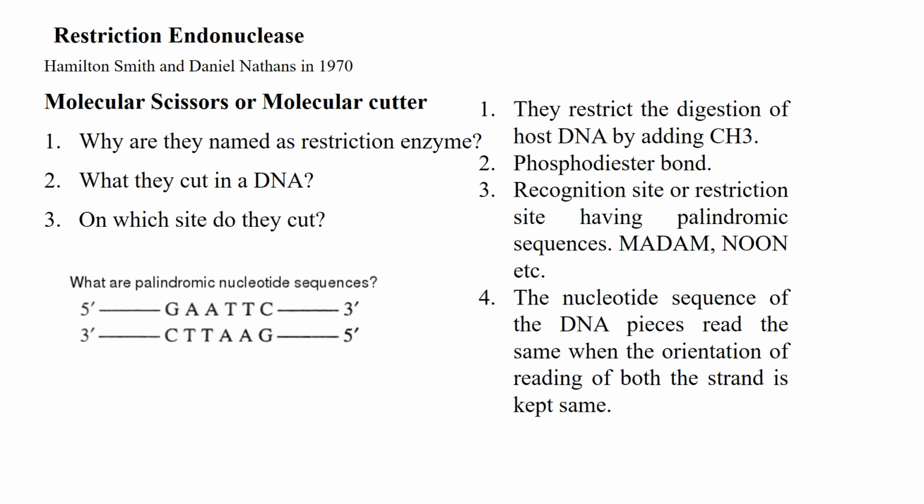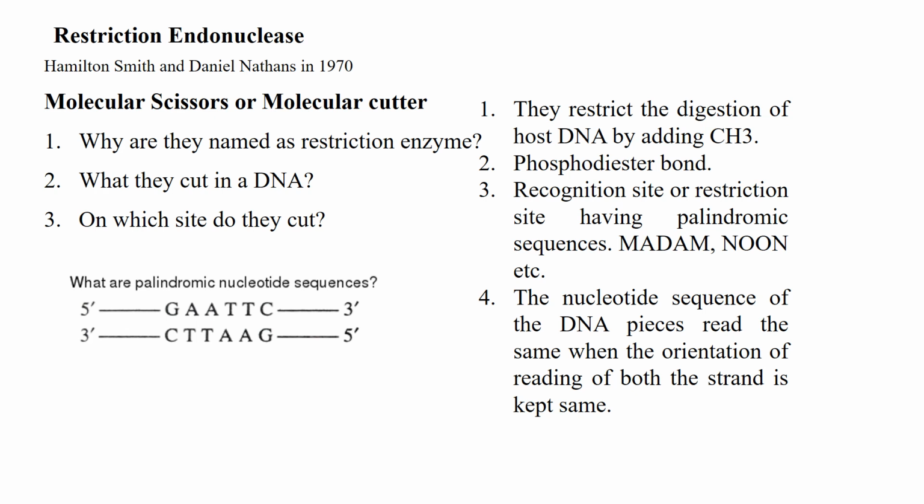So they are otherwise known as molecular scissors. Why are they named restriction enzymes? Because they restrict the digestion of host DNA. How? By adding a methyl group. By adding a methyl group, they restrict the digestion of host DNA. So they are named restriction enzymes.